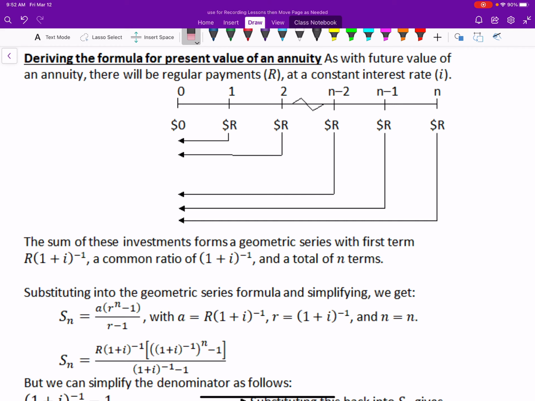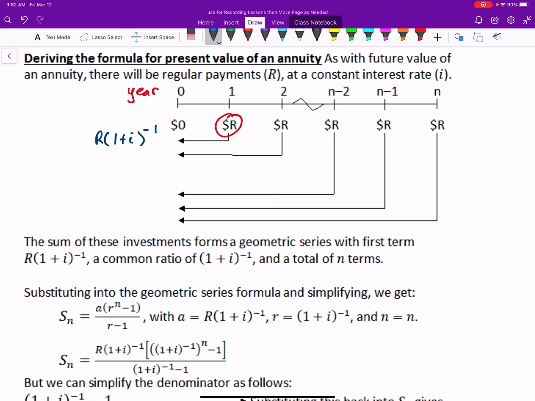So if I want to have R dollars, let's say it's years, just so I can talk about specific time. It doesn't have to be years, as I pointed out. Let's say I want to have R dollars 1 year from now. Well, then I don't need to invest R dollars now. I need to invest R dollars times (1 plus i) to the negative 1, right? It's easier with specific dollar amounts.